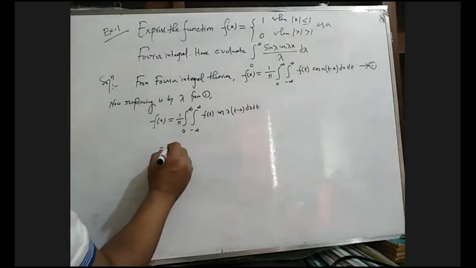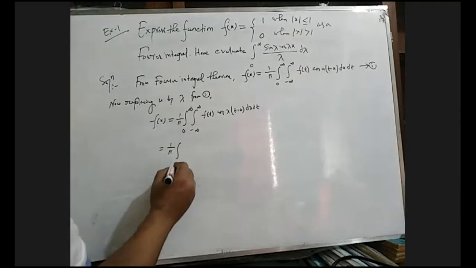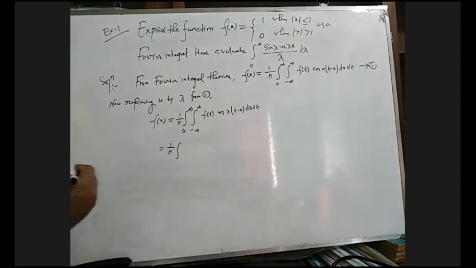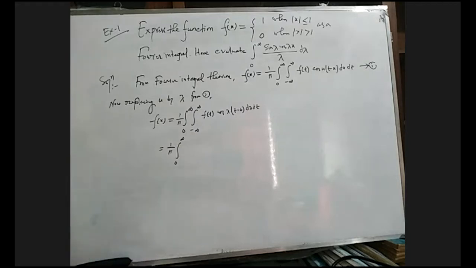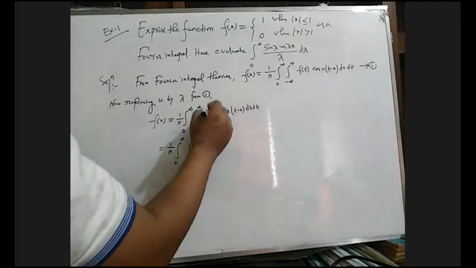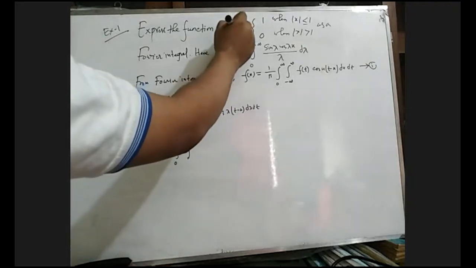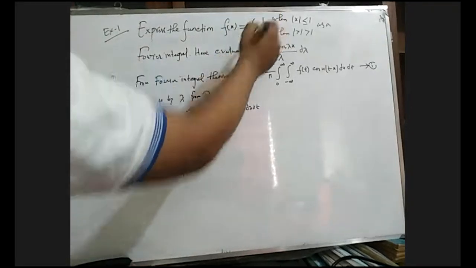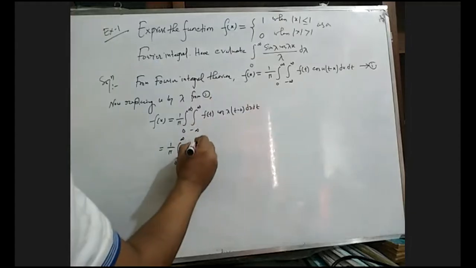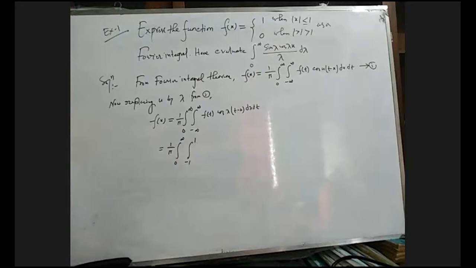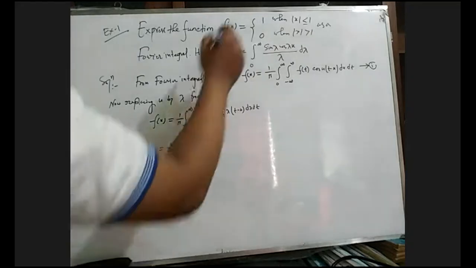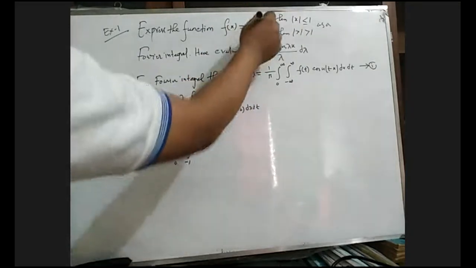This equals 1 by pi, integral 0 to infinity, and the limit of the given function f of x. The limit will be minus 1 to plus 1, and f of t equals 1 here.